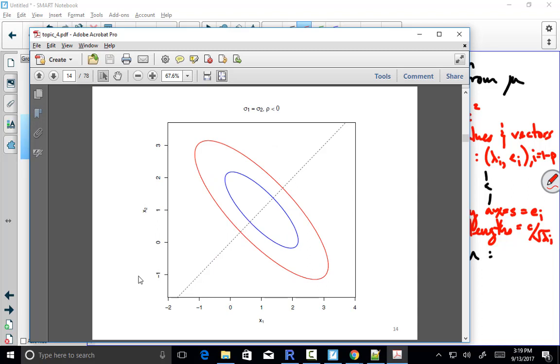Here's a picture for equal variances and negative correlation. It's useful to know what some of the canonical forms of these distributions are. So if you have bivariate data and you make a scatter plot, you'll know what it's showing you. Oh, this picture is what it looks like when I have negative correlation in the data.